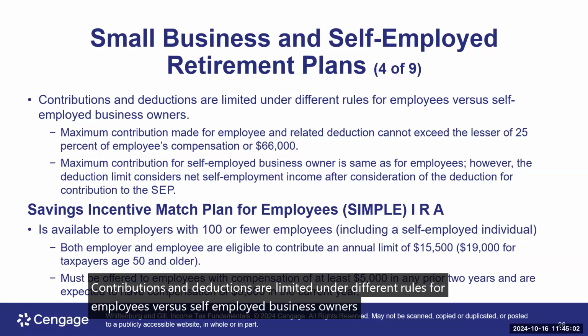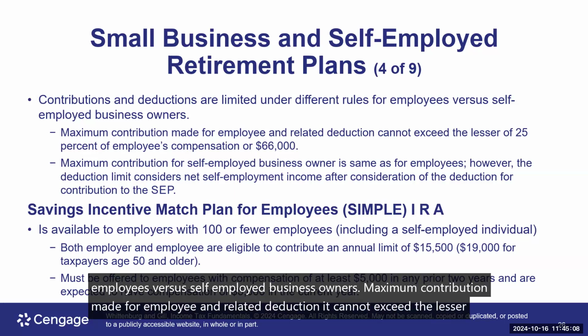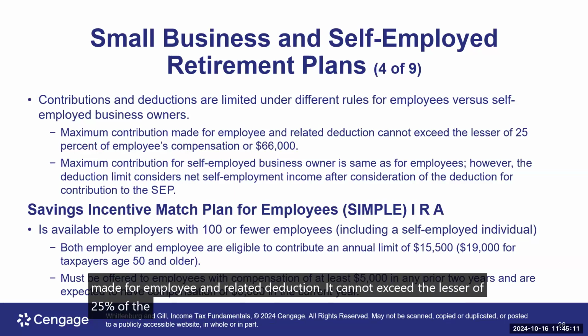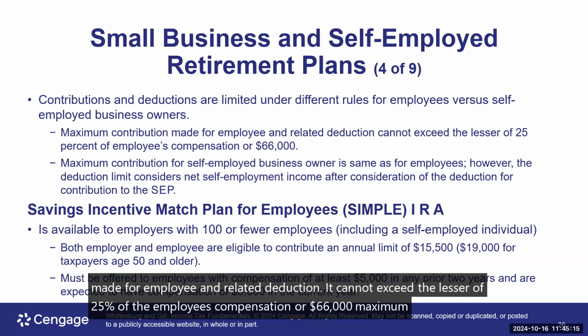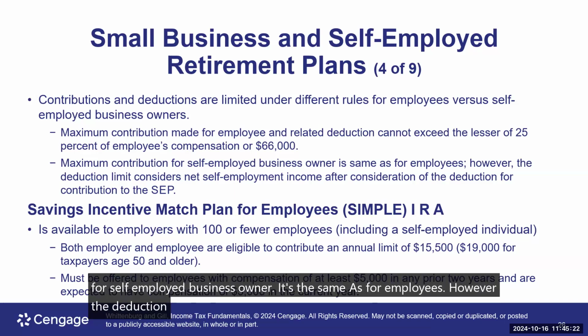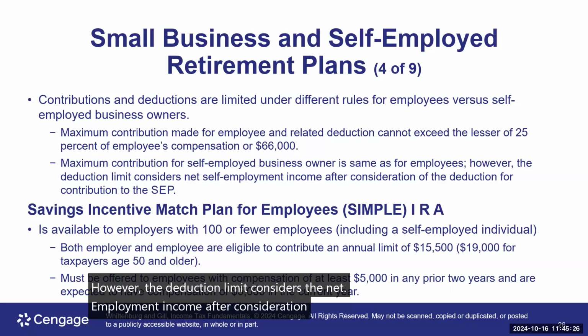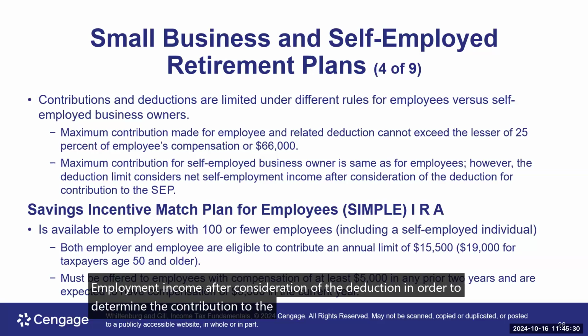The maximum contribution made for an employee and related deduction cannot exceed the lesser of 25% of the employee's compensation, or $66,000. The maximum contribution for a self-employed business owner is the same as for employees. However, the deduction limit considers the net self-employment income after consideration of the deduction in order to determine the contribution to the SEP.